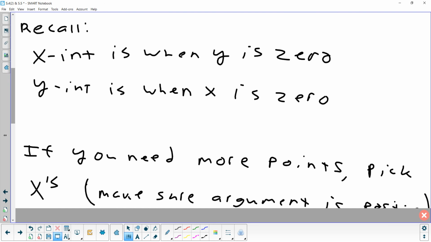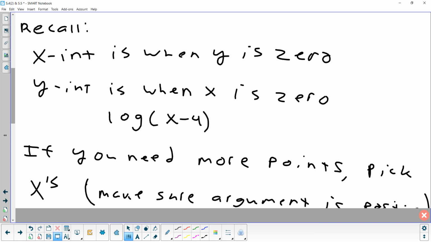Again, if you need some more points to graph it, that's fine. I would suggest using the table, but make sure you only plug in x values that would result in positive numbers. I would not plug in something like 2 for x in that log. That's not going to work. 3 is not going to work. 4 is not going to work.